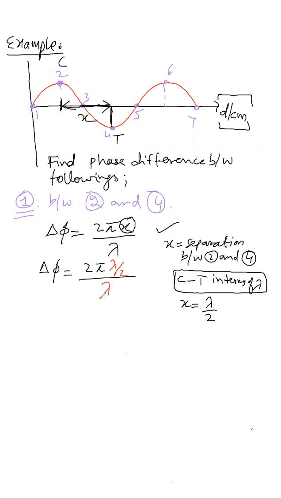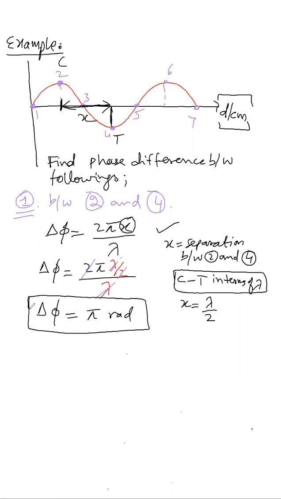So now these would be cancelled away, 2 with 2 and lambda with lambda. So you are left with phase difference of pi radian. So the phase difference between particle 2 and 4 is pi radian.